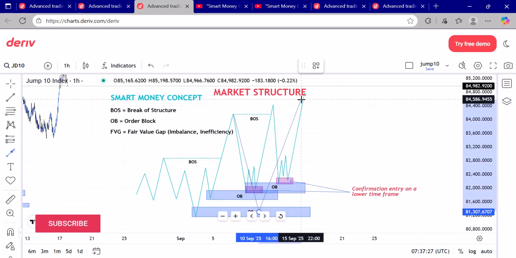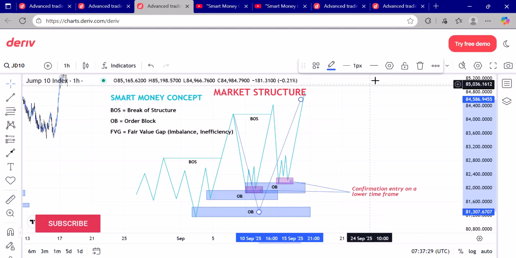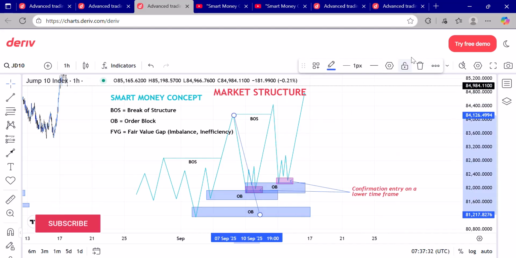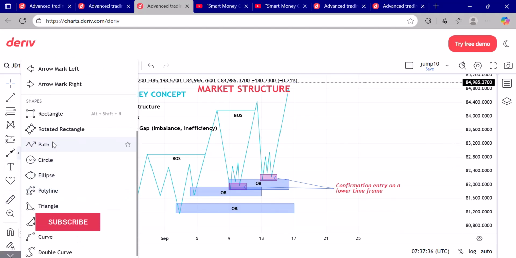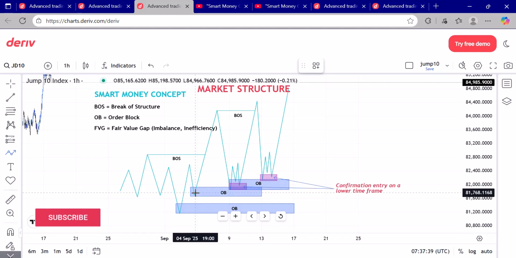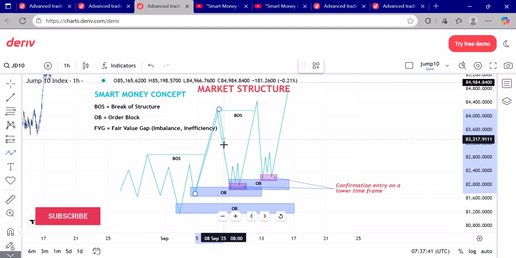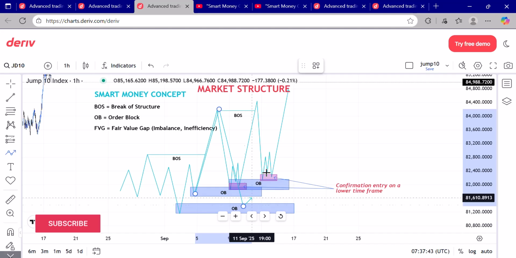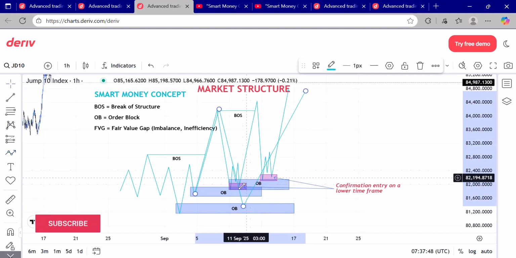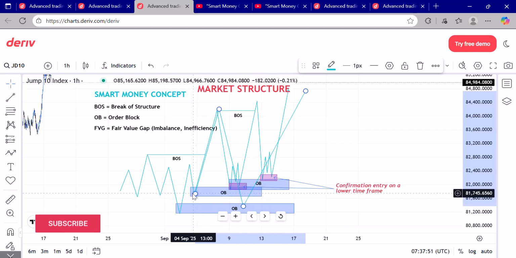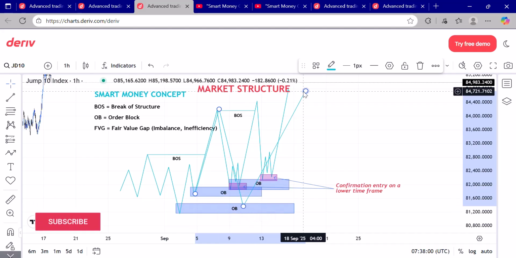In that case, if we have price doing this, coming here, taking us out, and then moving up again, this zone becomes an inducement, where price comes, takes us out and gets into the zone, and then moves on.